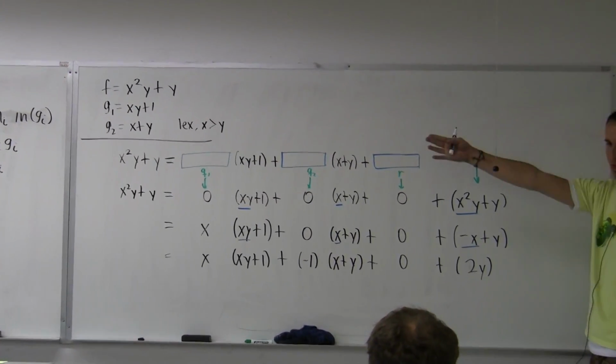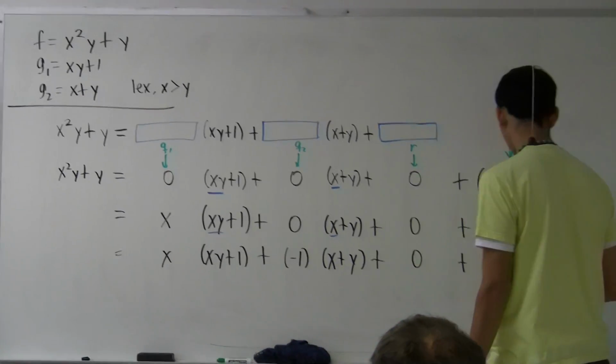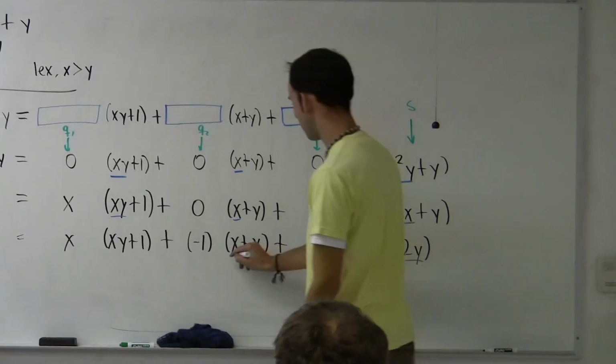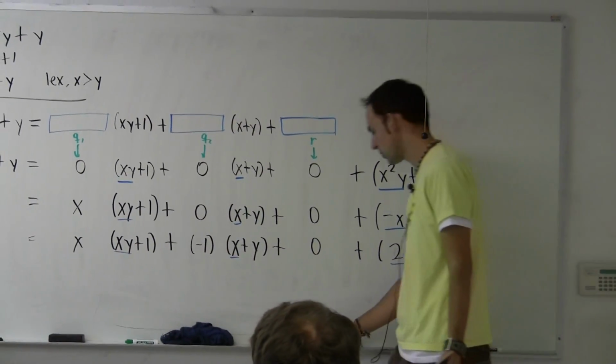So I again applied step 1 of the algorithm. And I repeat. I look at the leading term and I see if it's a multiple of this or of this. In this case it isn't, and so I need something else to do.